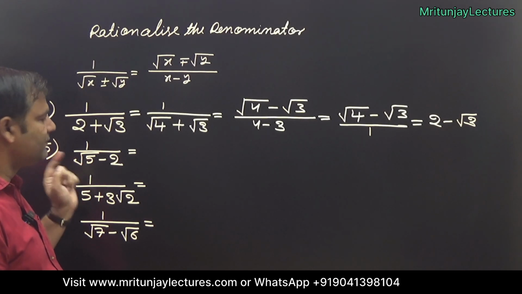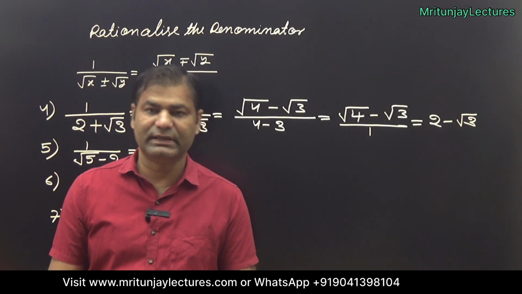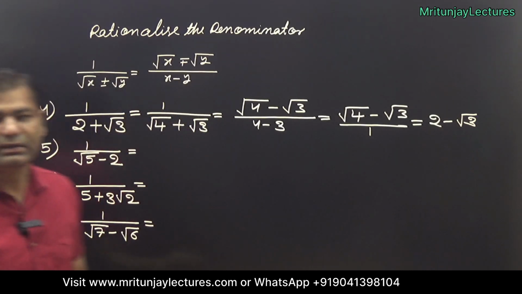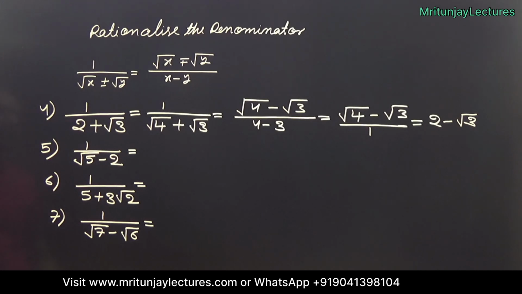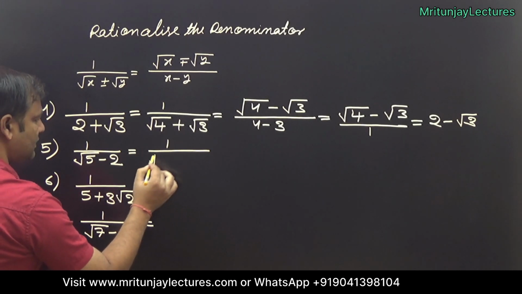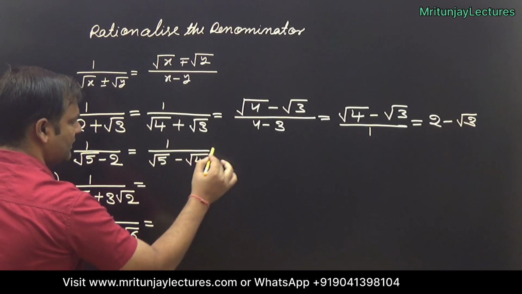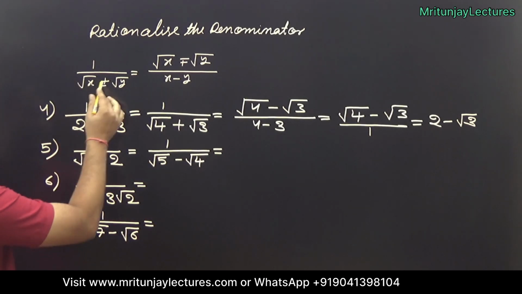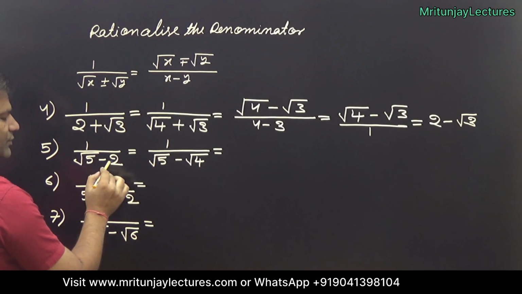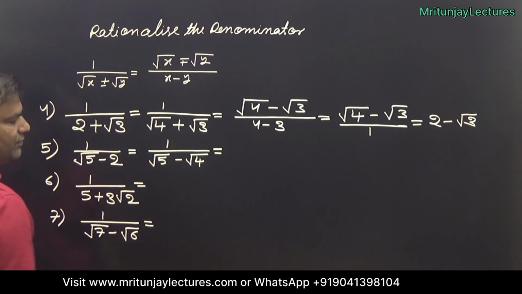First of all, everyone can try, then after that I will discuss. Take your time. This one is root 5 and that one is root 4. If you want to apply that formula, 2 is also written as under root 4.